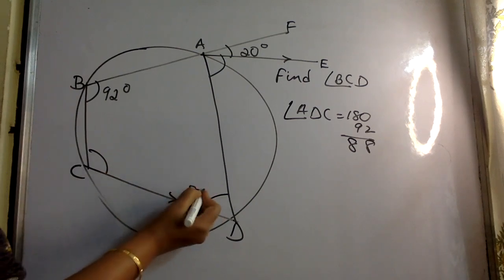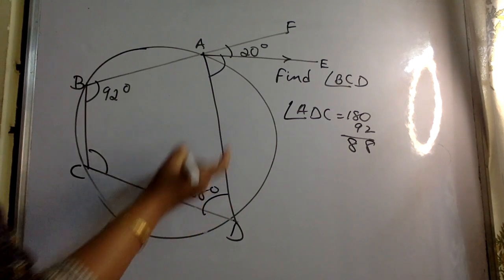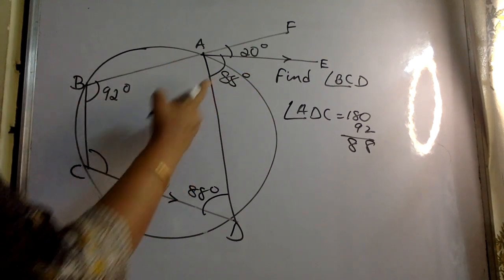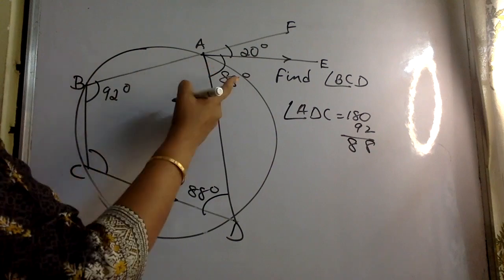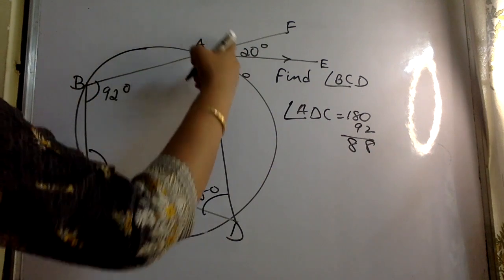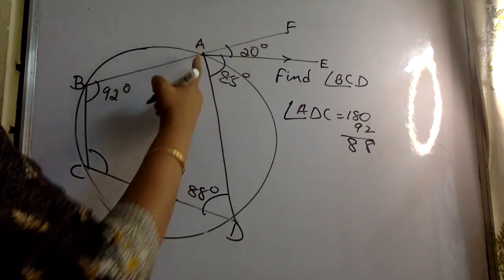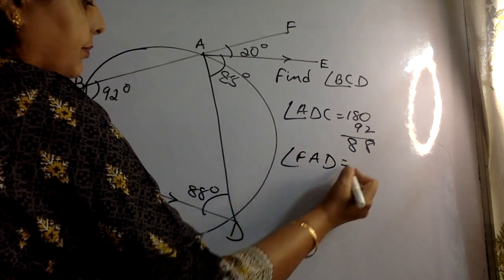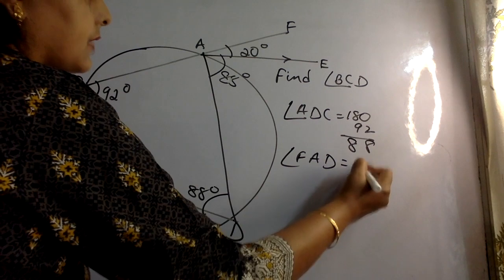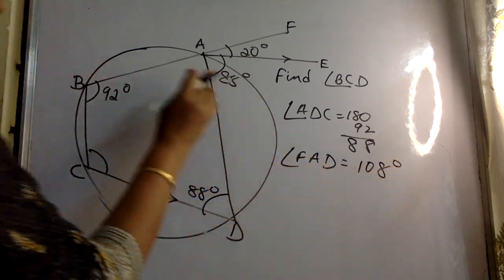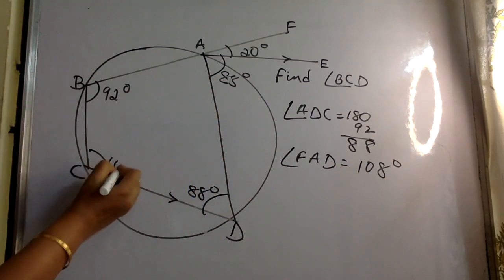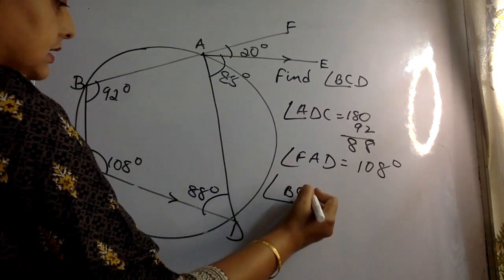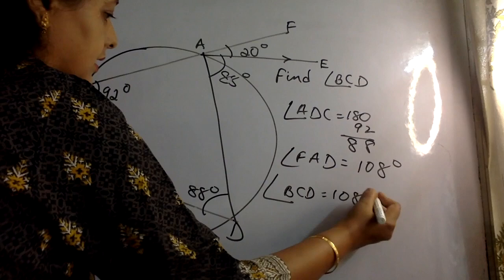If this angle is 88, immediately I can say this angle is also 88 because these are alternate angles. Now if this is 88, this full angle, angle FAD, becomes 108 degrees. If this is 108, then this angle is also 108. Therefore, angle BCD is equal to 108.